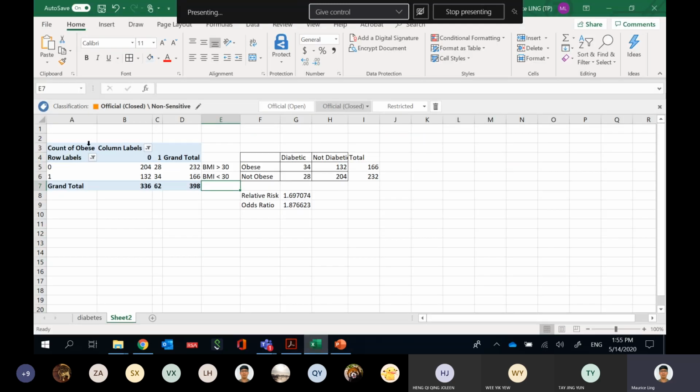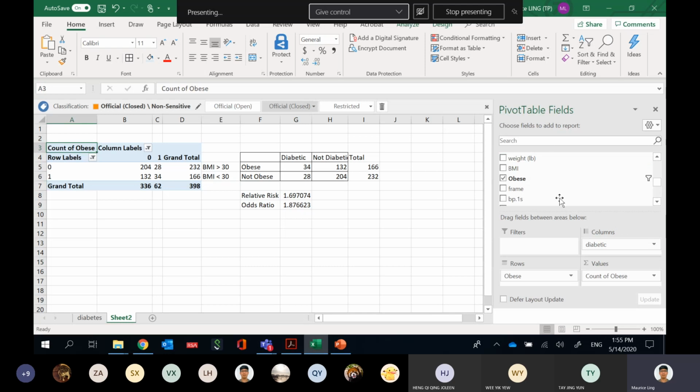So we will need to redo this part, and then what we need is by gender, we put inside the rows. Okay. So this is the difference between male and females, does it differ? That means by gender first.